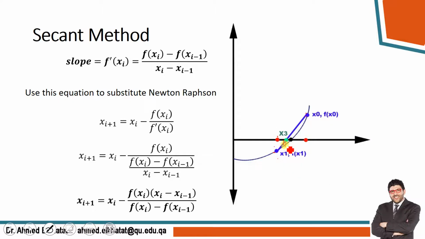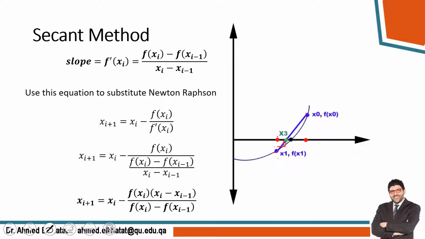Then x3 and x1 become the new points, so we can extend the line between them, and this line will cut to find a new x4, very close, and so on.